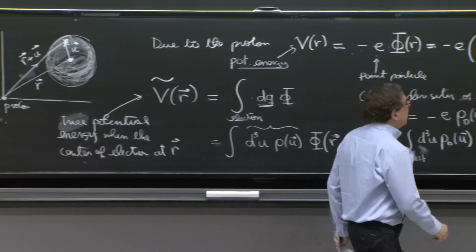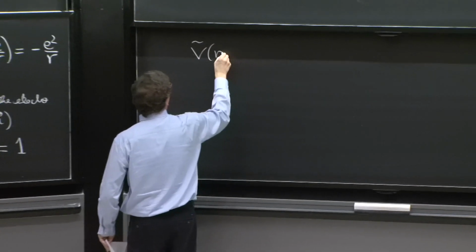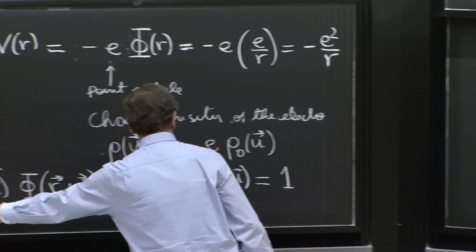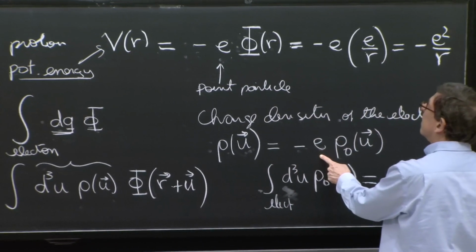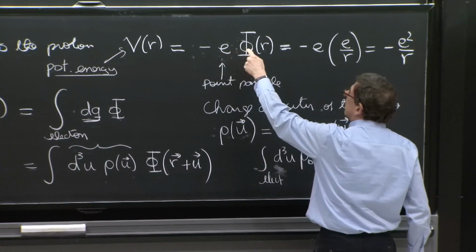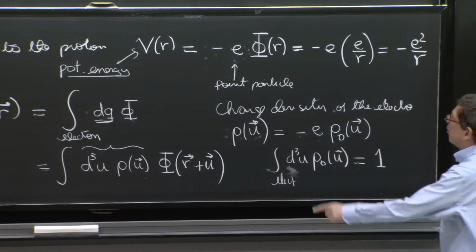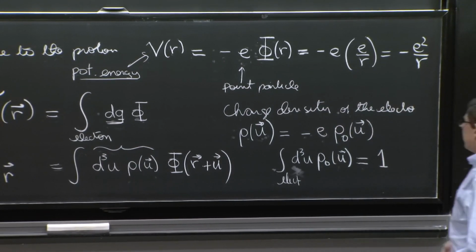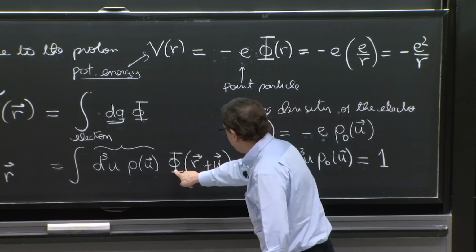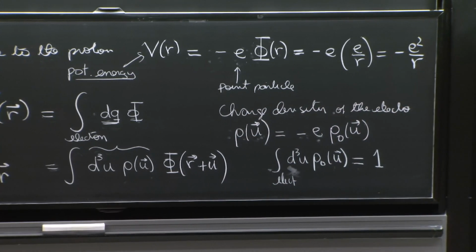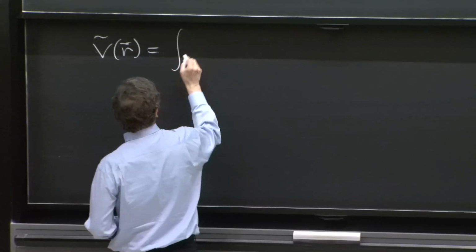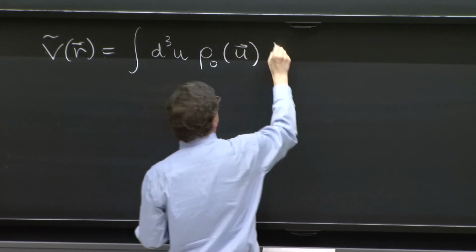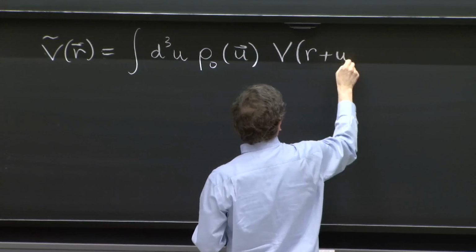So one more step, V of R. If you take from rho this extra minus E times phi of R is what we call the potential energy due to R. So take the minus E out and append it to the capital phi here, so that we have integral d cube u rho 0 of u V of R plus u.